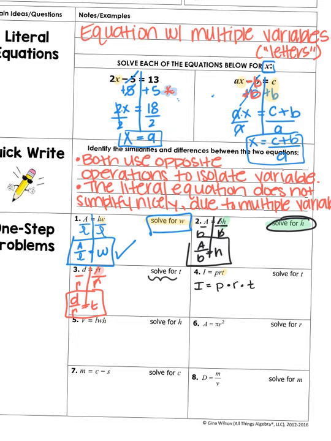So everything's being multiplied, and I want this T by itself. Whatever is being multiplied, I'm going to get rid of it by dividing, because the opposite of multiplication is division. And you can do that all at once. Cancel, cancel, cancel, cancel. So T is all by itself, and it equals I divided by P times R.